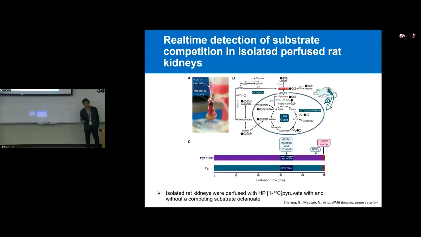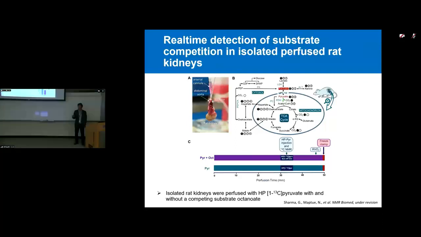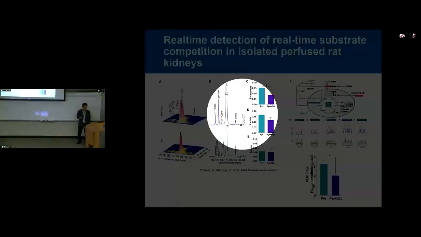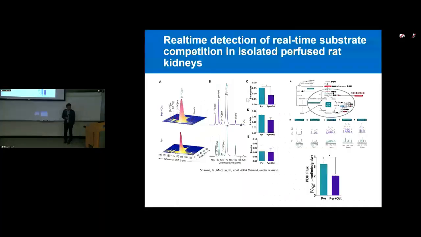It oxidizes a lot of pyruvate and also octanoate, although octanoate is not hyperpolarized, so we can't see octanoate metabolism. We can only see pyruvate, and that's by design. If you look at the signal here, bicarbonate, which is equilibrated with CO2 and has a higher signal, we look at as an indicator marker for pyruvate oxidation. You can see that when you don't have octanoate, pyruvate is oxidized to a higher degree than when you have a competing substrate.